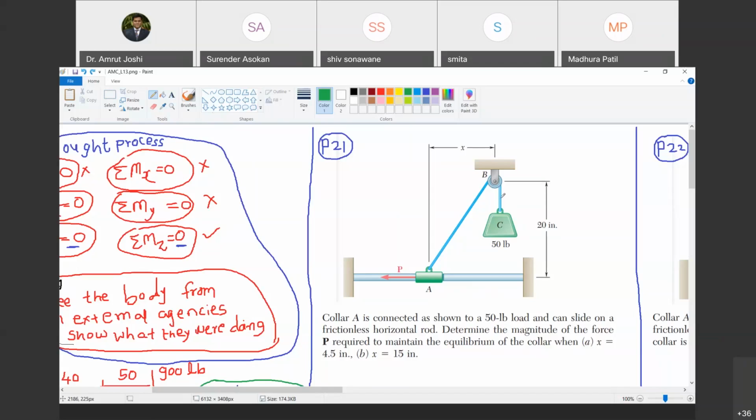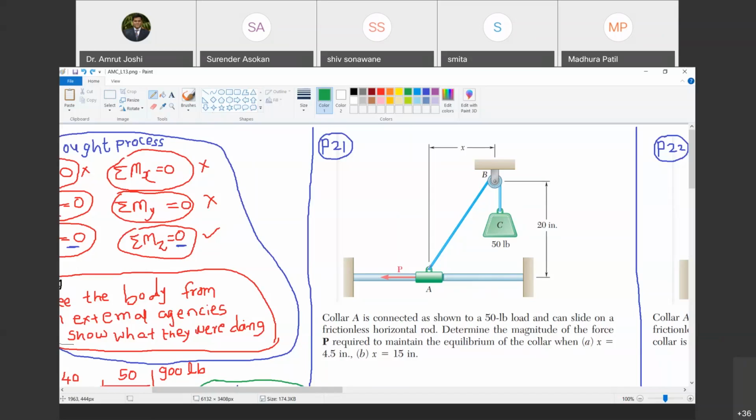I have so many choices. I can draw the free body diagram of pulley at B. I can draw the free body diagram of this weight C. I can draw the free body diagram of this rod. I can draw the free body diagram of rod plus collar. There are so many choices. But you have to look at the narrative of the problem. You have to see what is being asked and accordingly decide कि कौन सी body का free body diagram बनाना है.